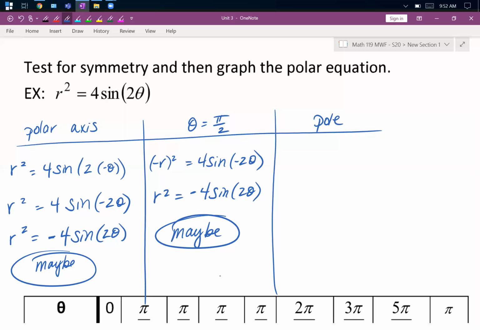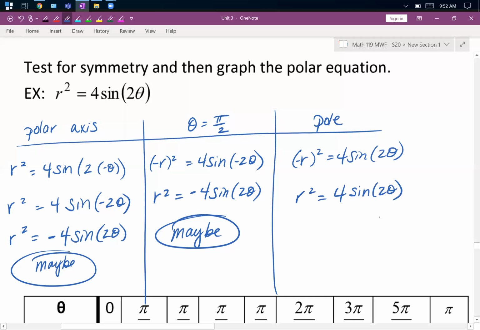And then for the pole, all we're doing is replacing r with negative r. Squaring negative r, we get positive r squared. And that is our original, so this is a yes.